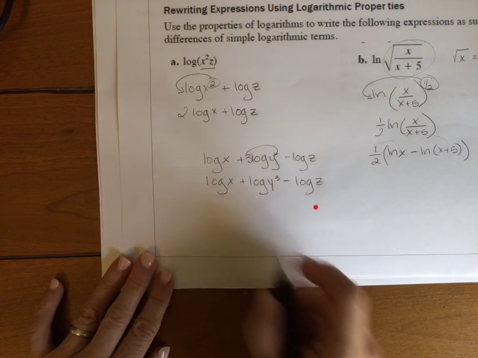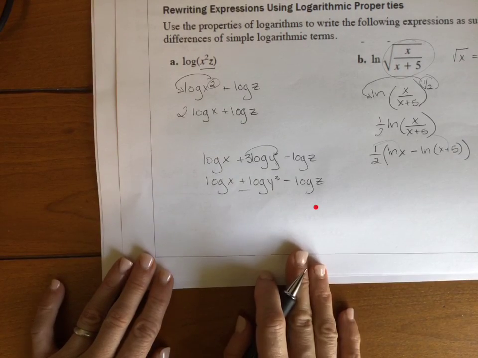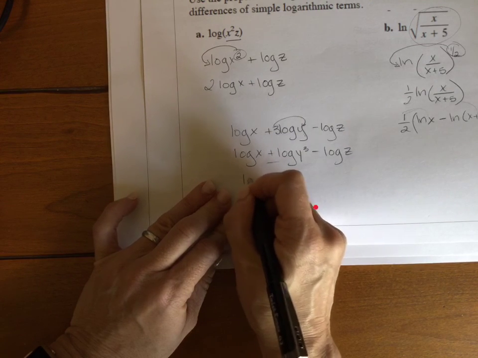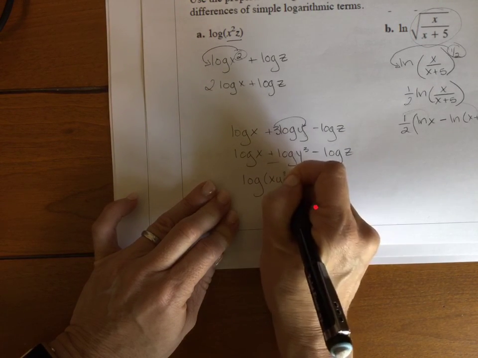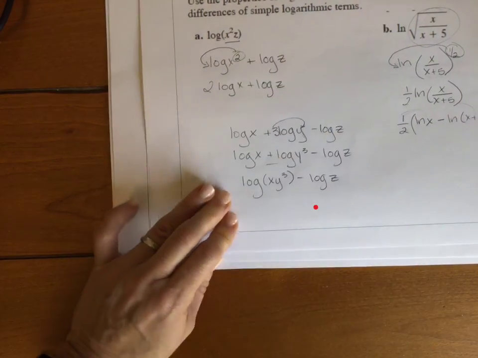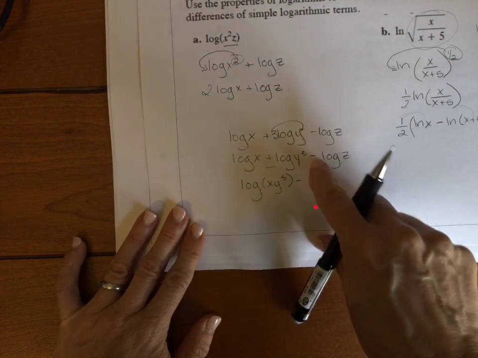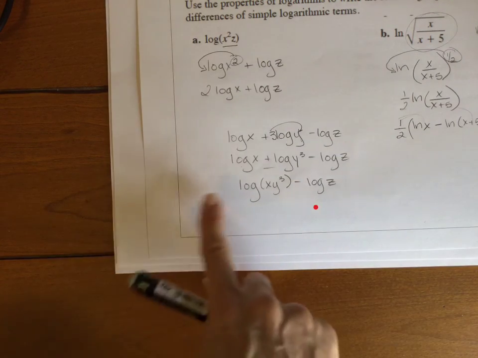So we know that addition is really the product property. So that means these two are multiplied together. So we have log of xy cubed minus log z. And then because multiplication and division, subtraction represents division, are equal, you just go in order from then.